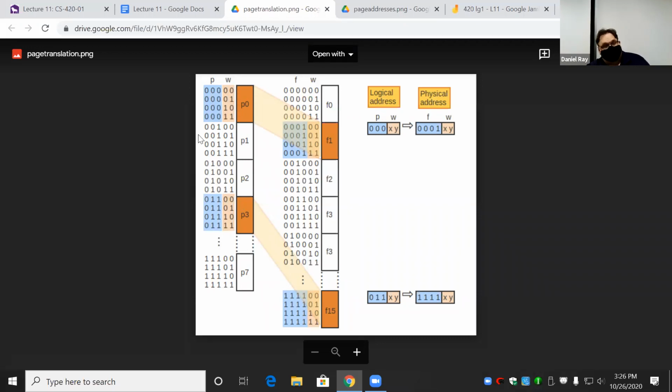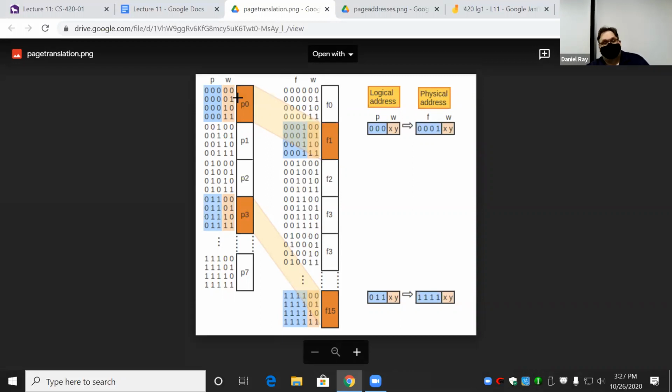So this, on the left-hand side, is our logical address space divided up into pages that are 4 words long. We also then need to have our physical address space divided up into frames that are 4 words long.